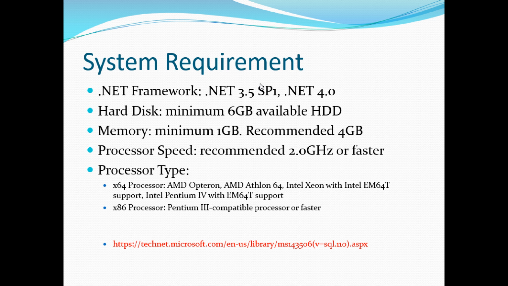However, .NET 4.0 comes included with the setup. Your minimum available hard disk space should be 6 gigabytes. Your recommended memory is 4 gigabytes, and the minimum to be able to run this software is 1 gigabyte. For processor speed, the recommended is 2.0 gigahertz or faster, and your processor types are listed below.